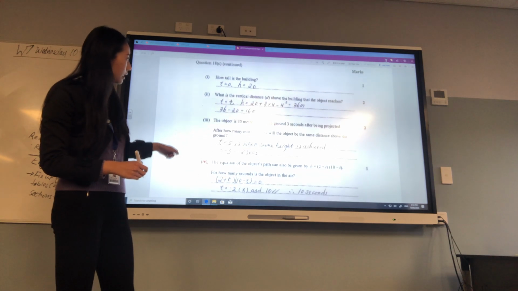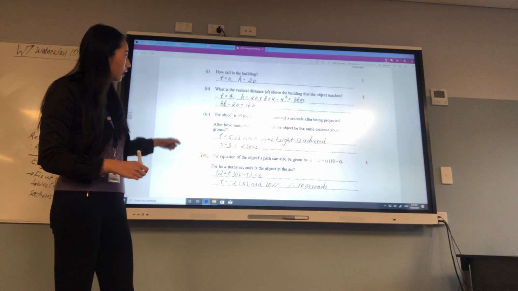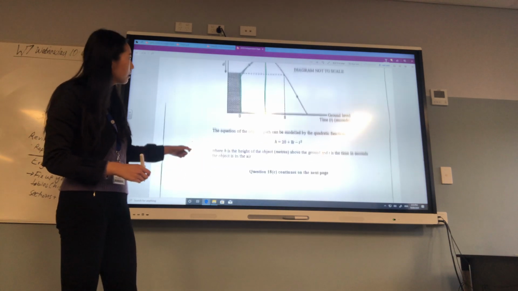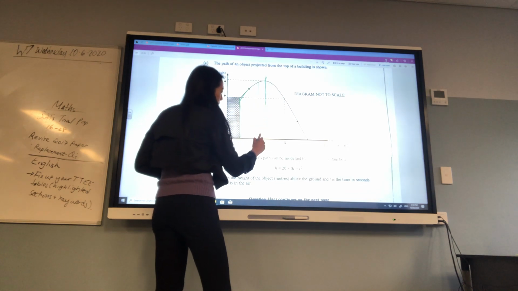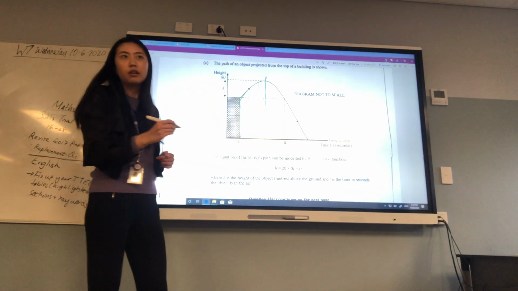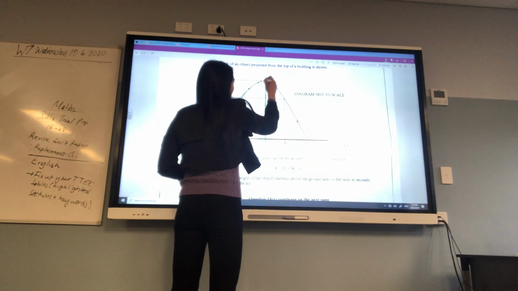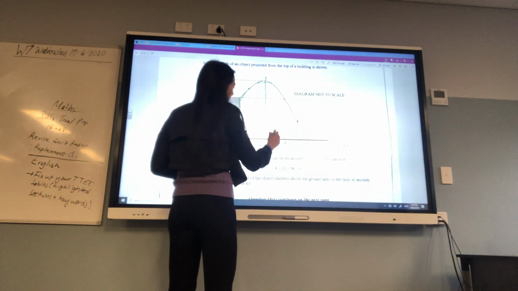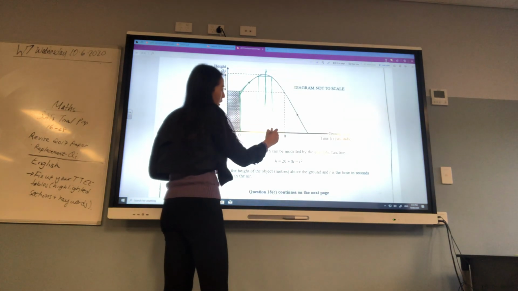And the next one, the object is 35 meters above the ground after 3 seconds. It asks when will it achieve the same height again. So you go to the other side of this line, and it should be 1 apart from the center as well. If it's 3, 4, this one should be 5.